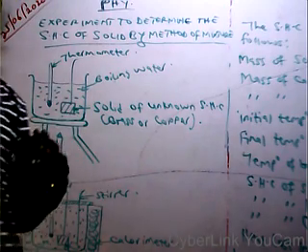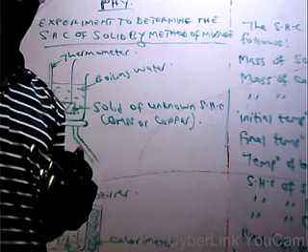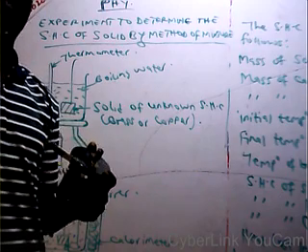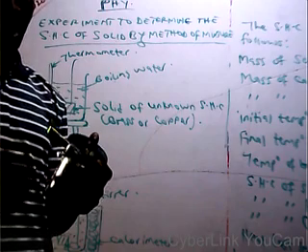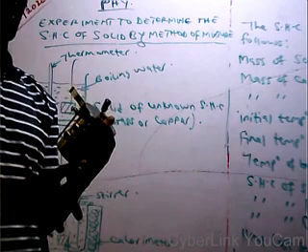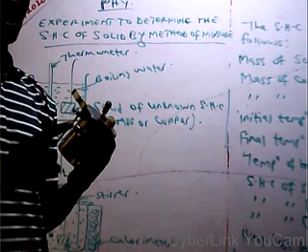No matter how we try to prevent the heat loss to the surrounding, there is still a way in which it can be lost. And in what ways can it be lost to the surrounding from the calorimeter? One, it can be lost through the process of radiation. It can be lost through the process of conduction.